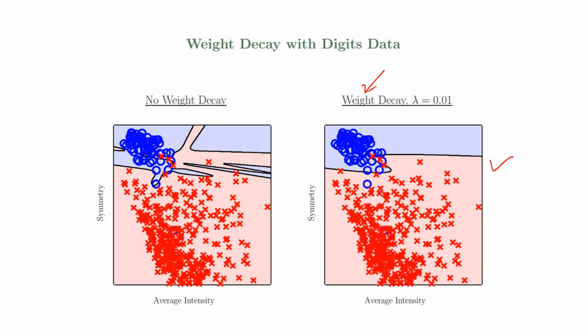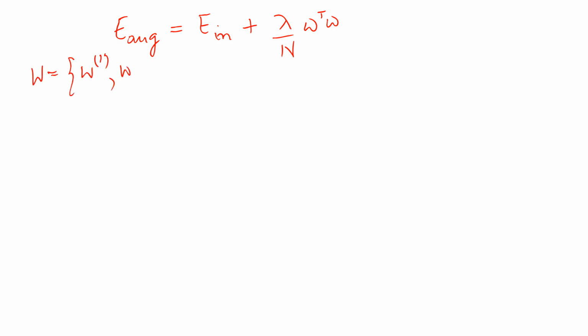So let's look at how this works in neural networks. We were trying to minimize not E_in as in my original perceptron, but an augmented error, which had an extra term for weight decay, which was nothing but W transpose W. Now, instead of this W, we have matrices of weights, W1, W2, and each of these is a matrix.